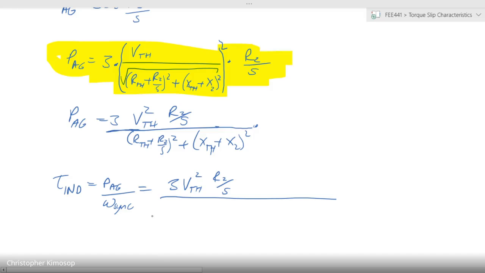Over synchronous rotational speed times R Thevenin, make it a bit clearer, plus, in the reactive parts.